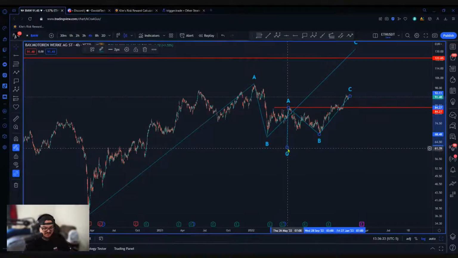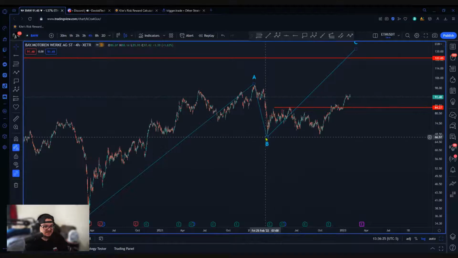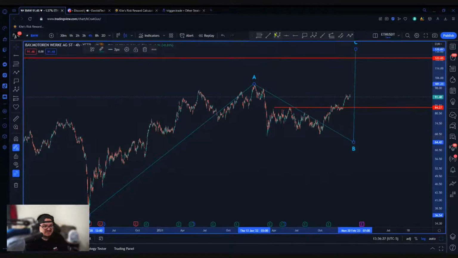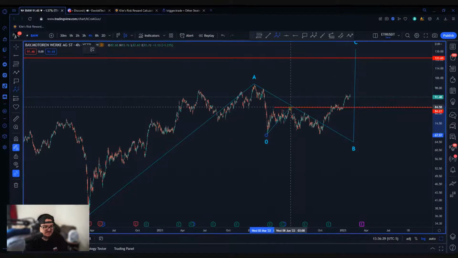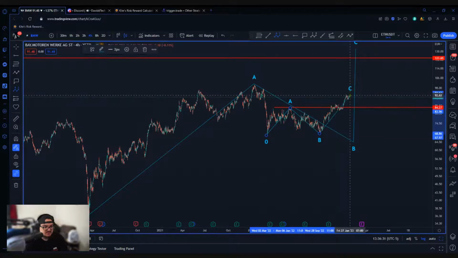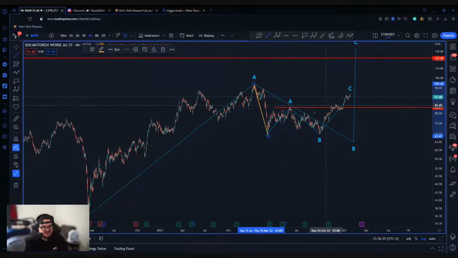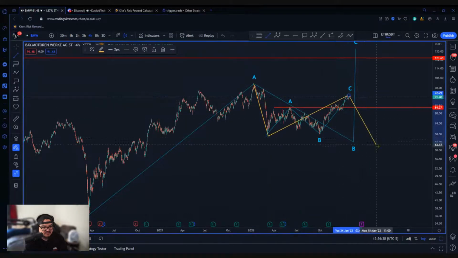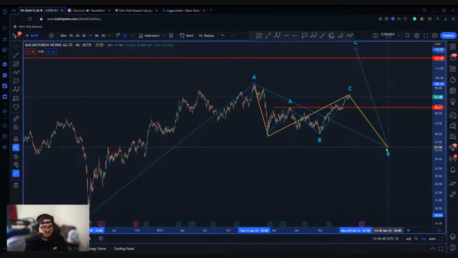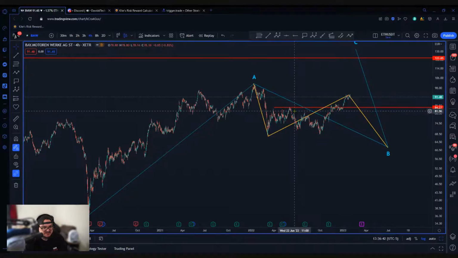What I mean by that is this is going to be a larger A, and maybe this is going to be a larger ABC. Maybe we're going to look at something like this. Let's just clean this up for you guys. So maybe I'm looking for something like this.